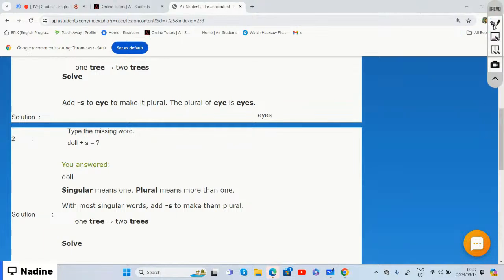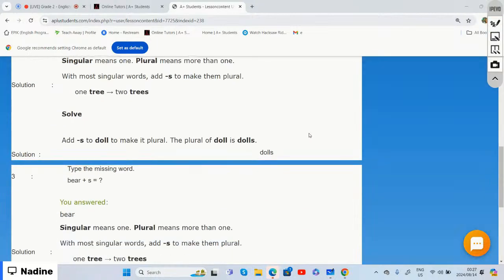All right, let's do the next one, and then we're going on to our test. One bear, one grizzly bear. If we add an S to that word bear to show that there's more than one, what are we going to get? How are we going to write that?